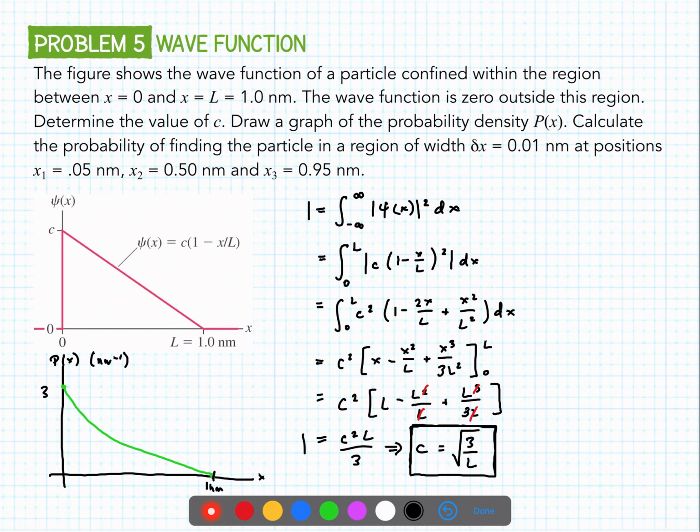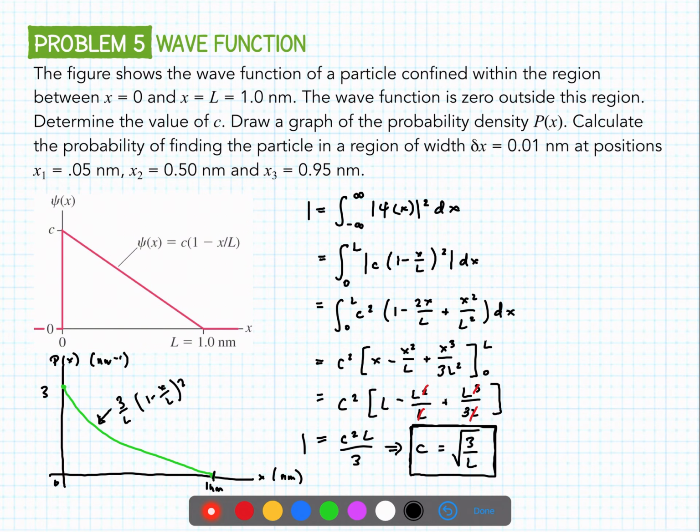This is your x in nanometers. This is 0. And this function should be 3 over L times (1 minus x over L) squared. So it should look like a polynomial.